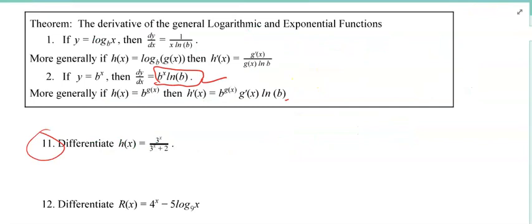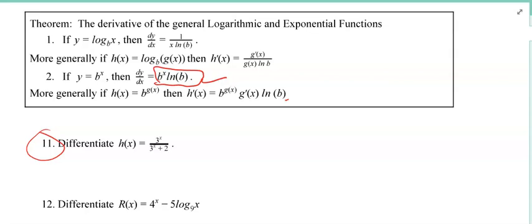Let's look at another theorem. The theorem, the derivative of the general logarithmic and exponential functions. If y is equal to log base b of x, then dy/dx is equal to 1 over x ln of b.